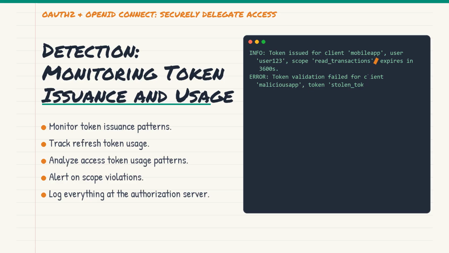If an access token granted for read_transactions is suddenly being used to try and initiate transfers, that's a massive red flag. Logging at the authorization server is paramount. Record every token issuance, every refresh request, and every access token validation failure. These logs can then be fed into SIEM systems for anomaly detection and alerting.